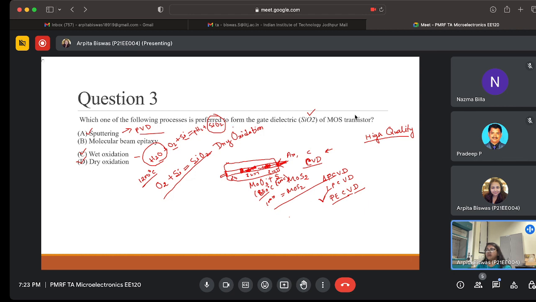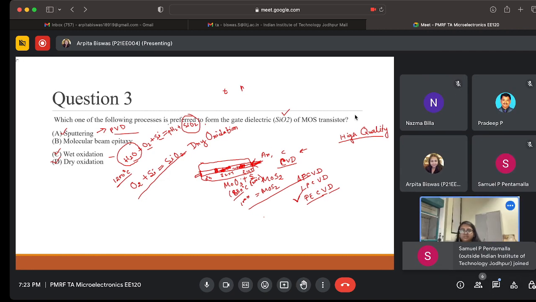In a small duration, the growth is very fast in wet oxidation because of the H2O vapor. Yes, because of the H2O vapor the growth is very fast, but the quality degrades because of this H2.